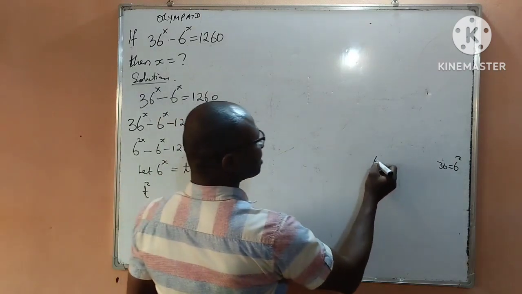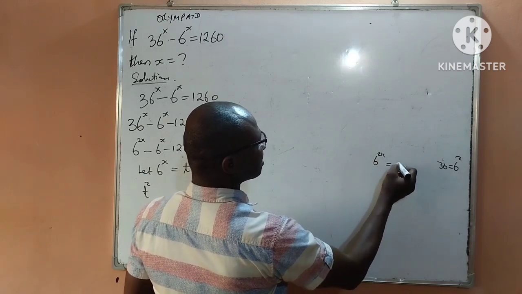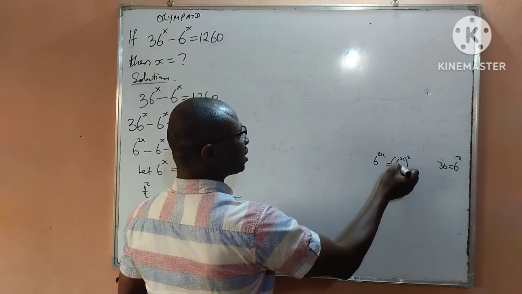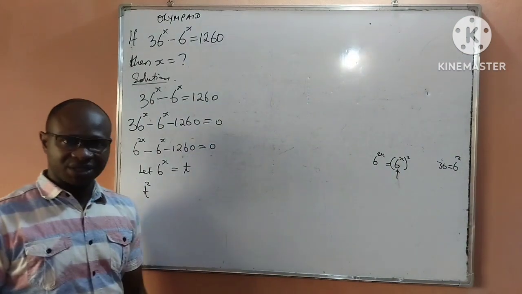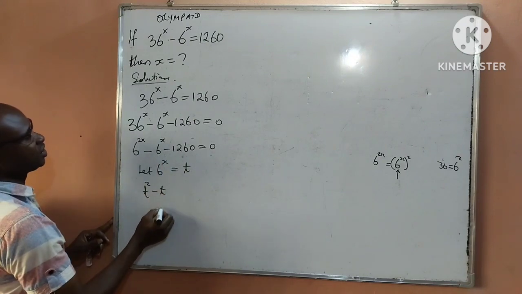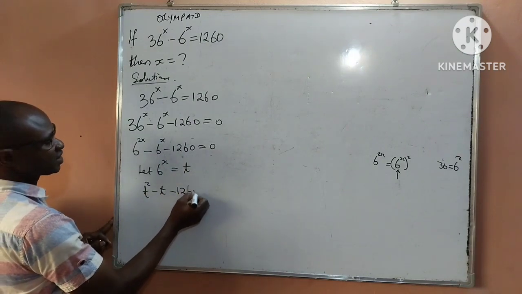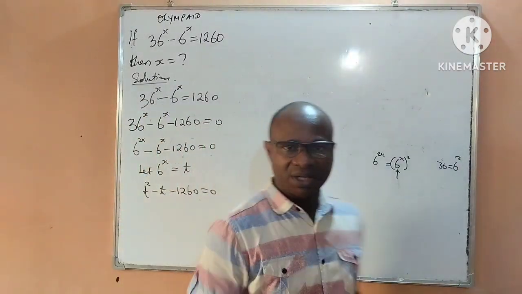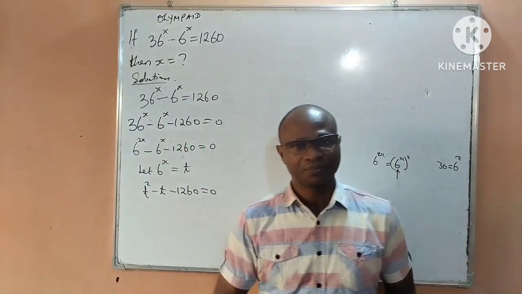Okay? 6 to 2x is the same as 6 raised to power x, raised to power 2. So, replacing this with letter t gives me t raised to power 2 minus t minus 1260 equal to 0. If you look at it now, it is a quadratic equation.